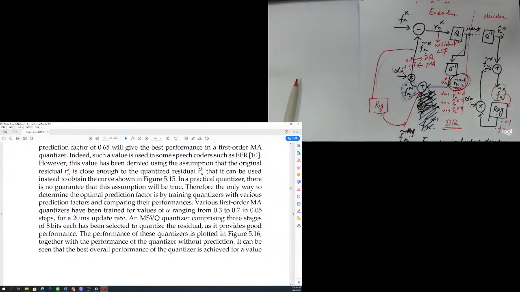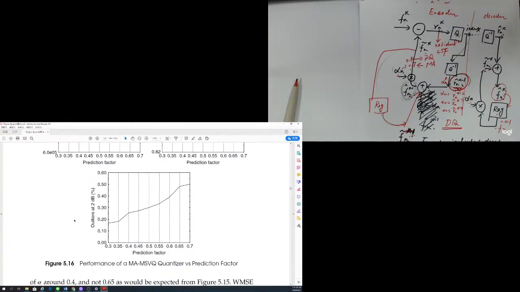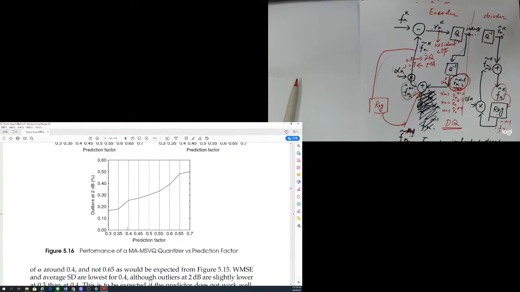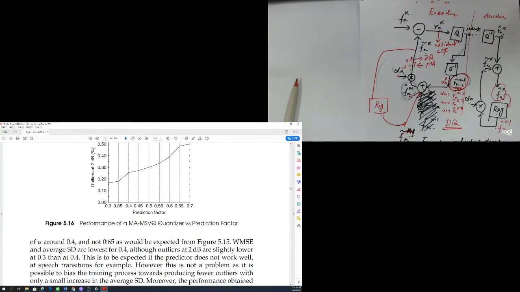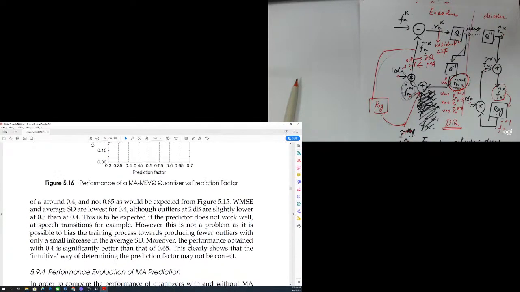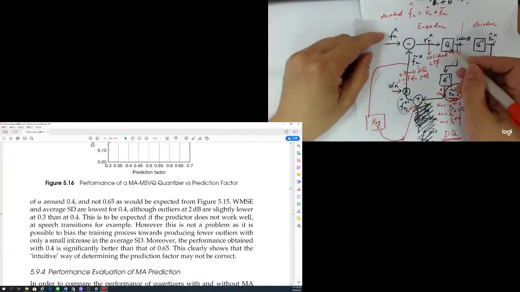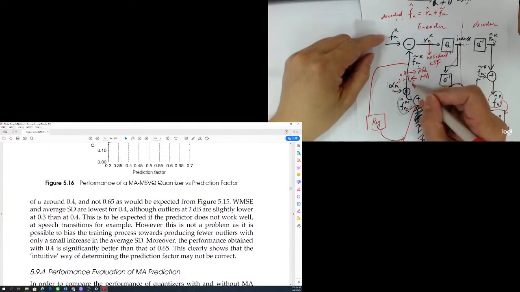Now the best prediction factor is not 0.65; it goes down to around 0.4, a little bit down, around 0.35. So when the alpha is for moving average using one stage, it could be 0.65.